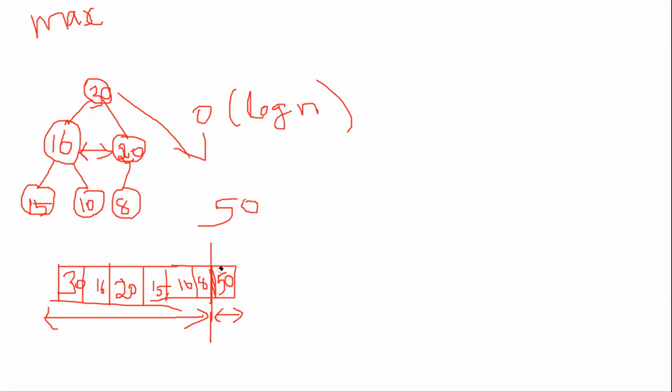Because if you try to delete another element from the max heap, what happens? 30 will be deleted, right? Guys, are you following? I hope you are following. 30 will be deleted. And you need to remove this 8 also, because this 8 has to be placed in the appropriate position.